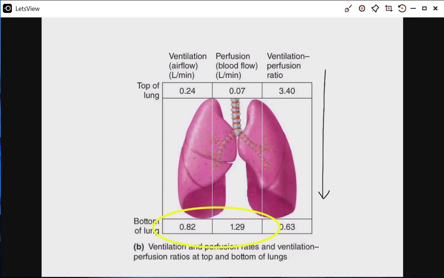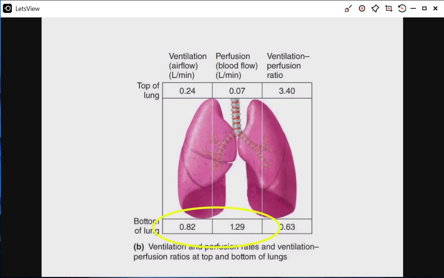In other words, when air is coming in, it's going to want to kind of naturally get moved downwards, not necessarily up here to the peaks of the lungs. So as a consequence, we actually see better ventilation at the bottom of the lungs than at the top of the lungs. And again, that's mostly just because part of it is your lung anatomy, the proximity to the diaphragm, and some of it is gravity.